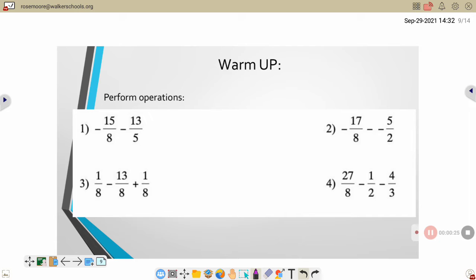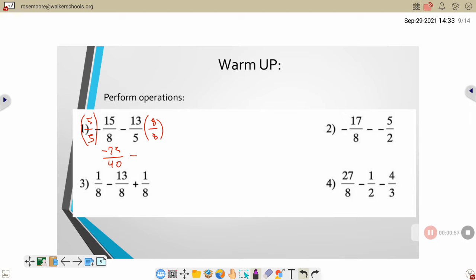The key when we're adding and subtracting fractions is the denominator has to be the same. So there is a pretty quick way to do this. If you have two very different numbers like 8 and 5, I'm going to multiply this one by 8 over 8 and this one by 5 over 5. What that will do is take my negative 15 times 5 on the end over there, and I'll get negative 75 over 40.